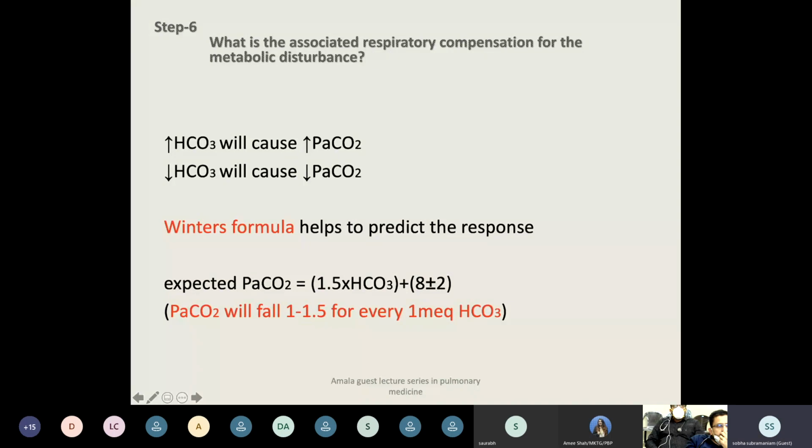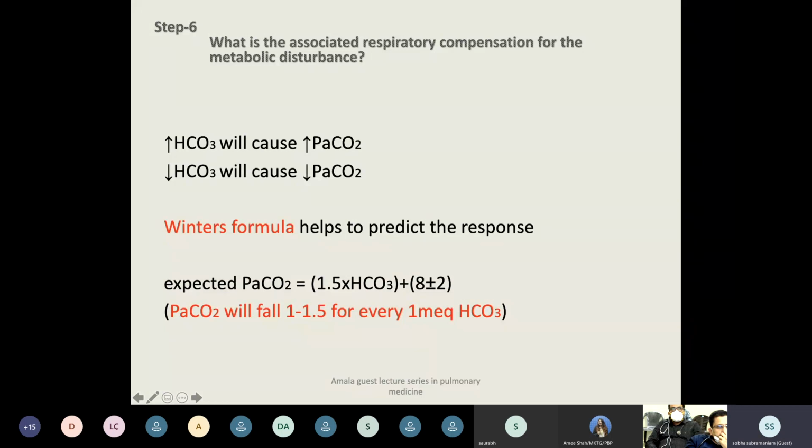It will produce hyperventilation and wash off the PaCO2. So Winter's formula helps us to calculate the expected PaCO2 when you have metabolic acidosis.